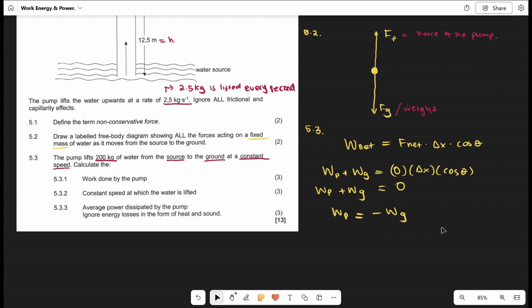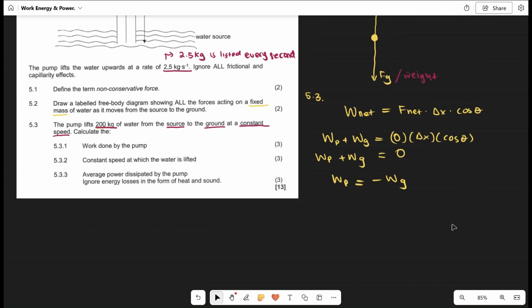So when we have this, we can say that the work done by the pump is equal to the work done by gravity, which will obviously be negative.